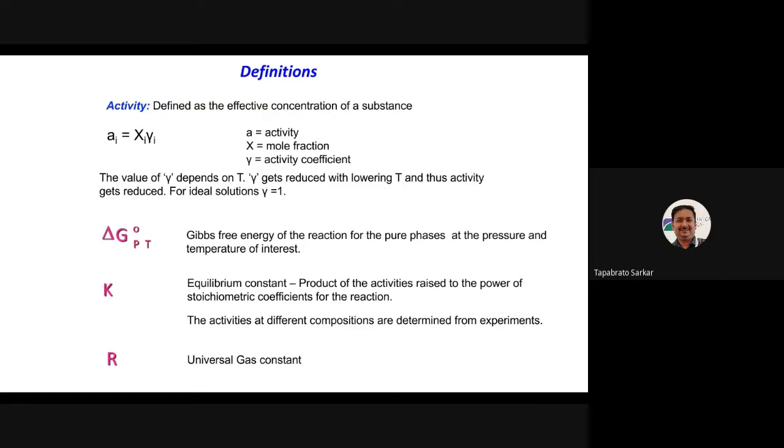Have you done activity in your chemistry? Yes, sir. We have done something like that in the environmental geoscience course in secondary. Sir, so instead of activity, we use molarity in the equations.